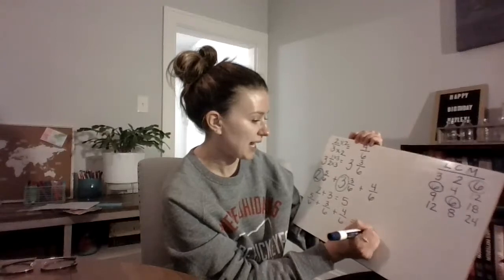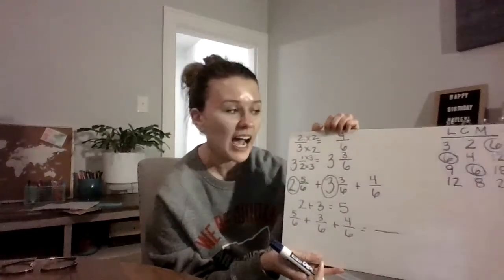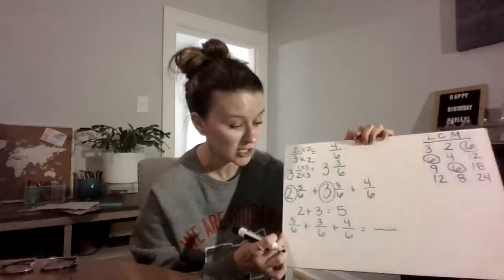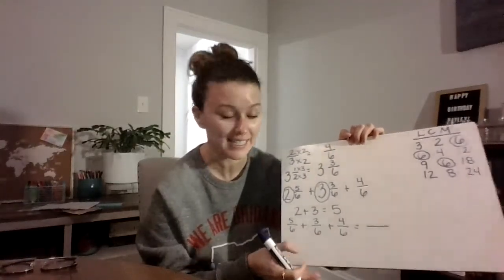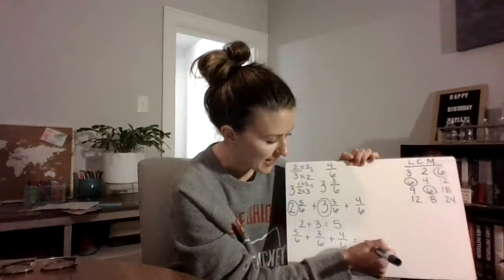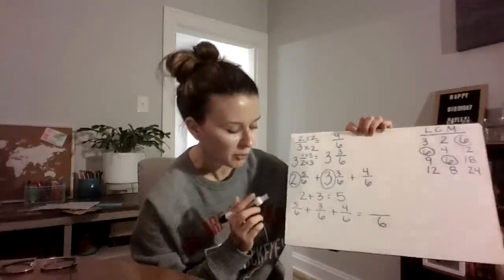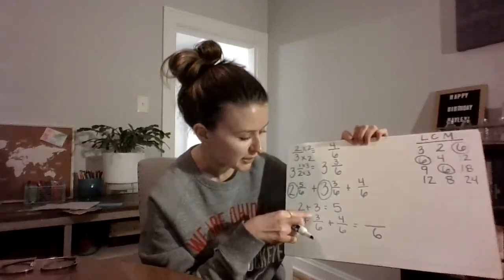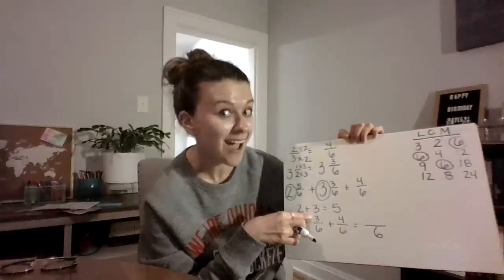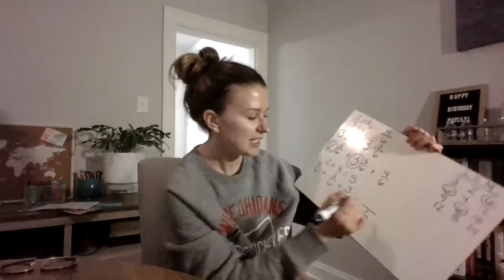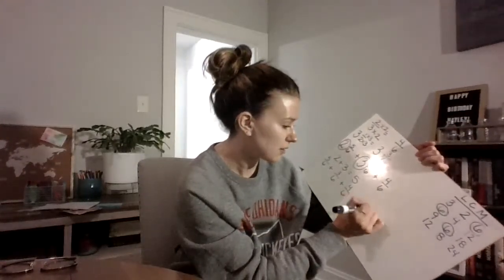Now, when I'm adding fractions, I'm only adding the numerators. When we're adding fractions, the denominator stays the same. So I need to keep a denominator of 6. I only add those numerators. So 5 plus 3 is 8, and 8 plus 4 is 12.